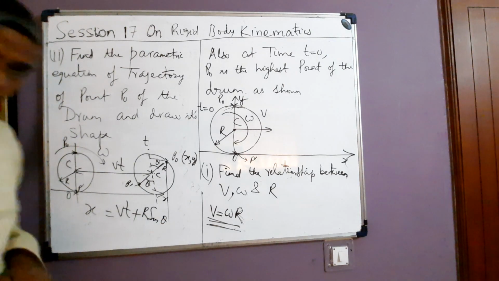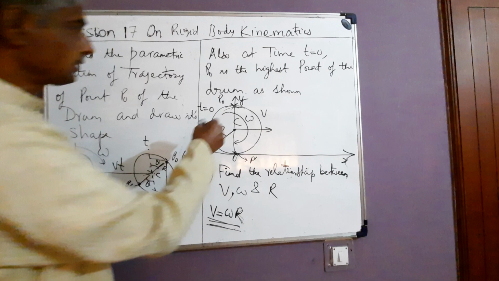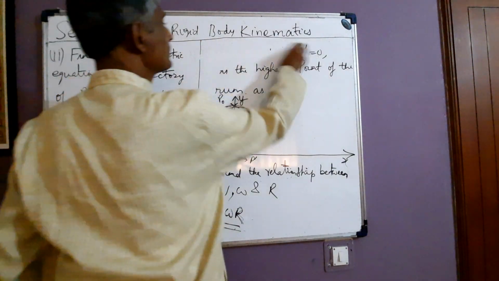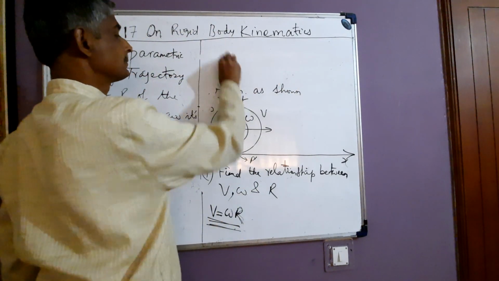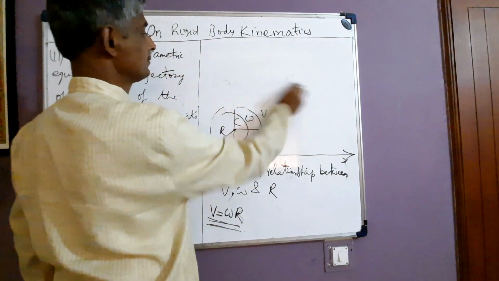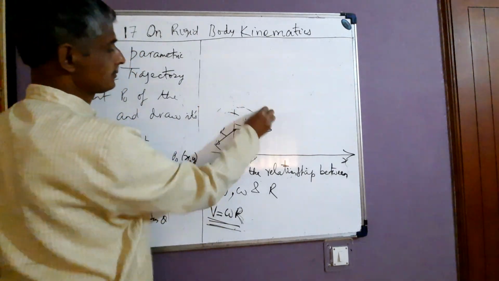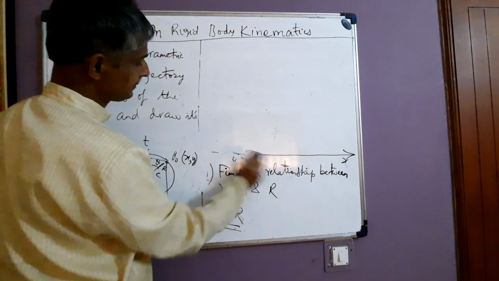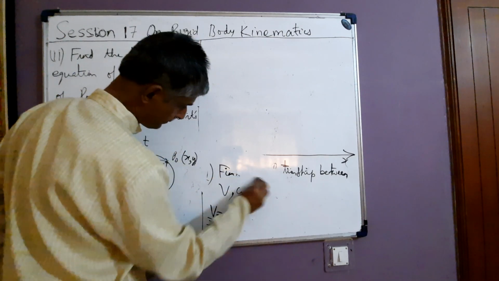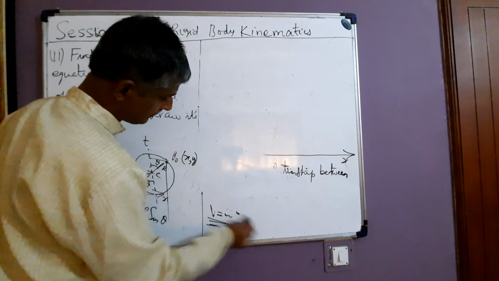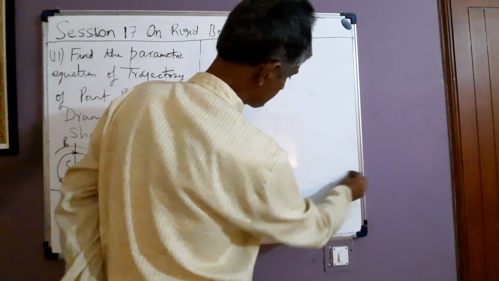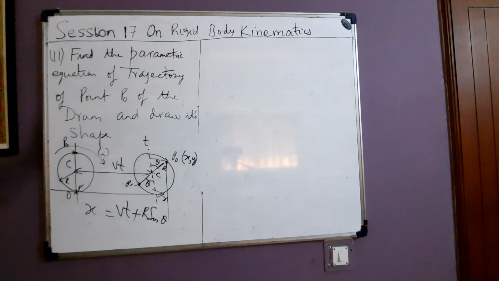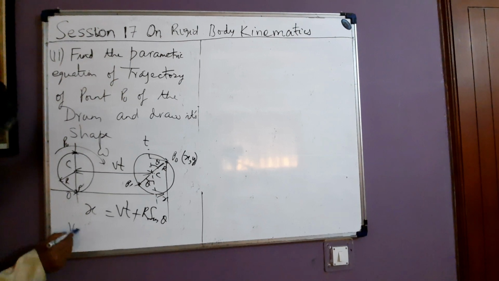Okay, fine. Alright. Now, from pure rolling criteria, V is what?